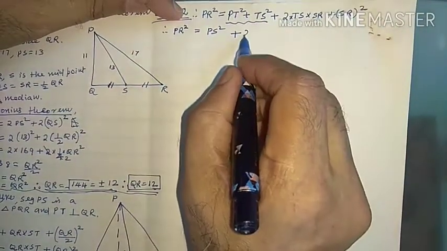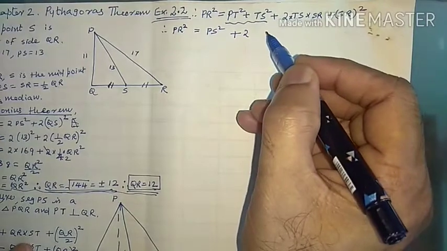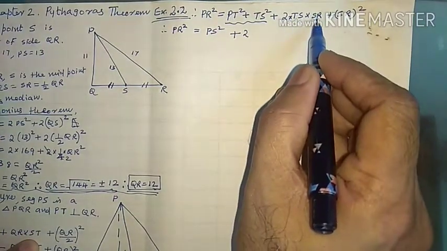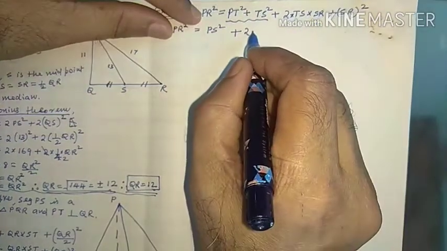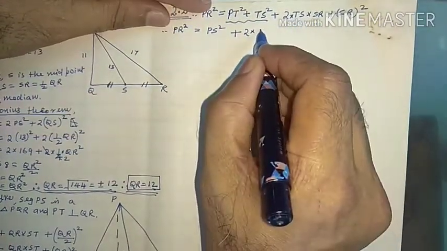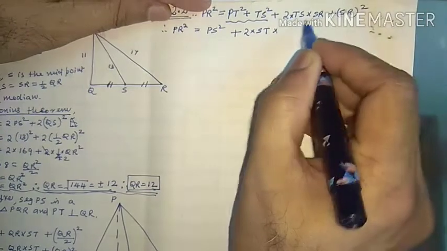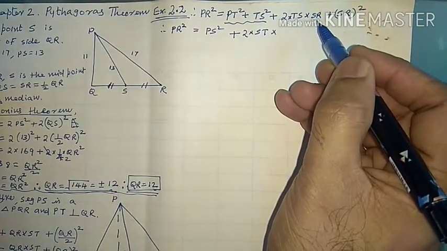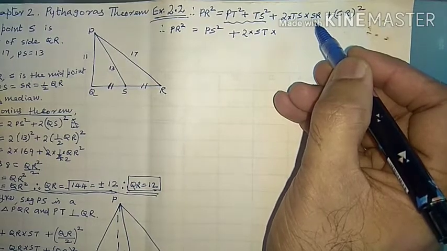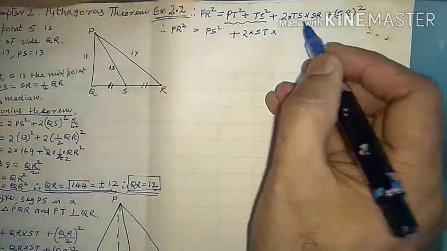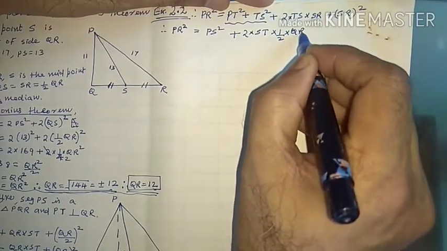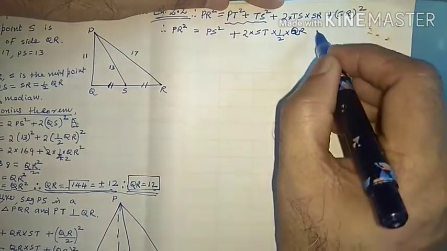Plus 2 times. Now we want QR and ST, we want QR, not SR. 2 into this TS is ST into SR. SR is what? Half of QR.